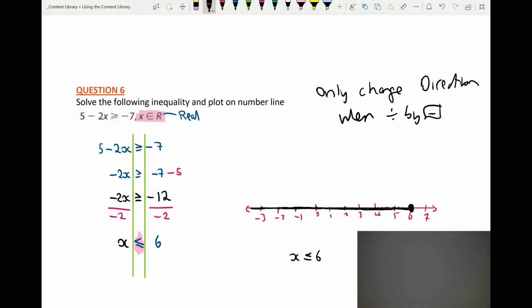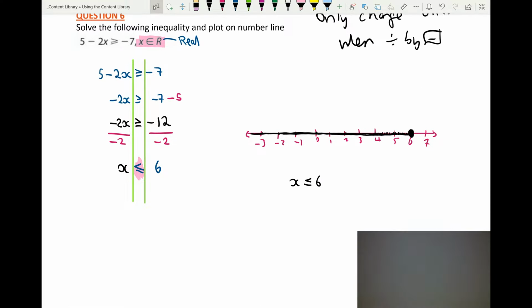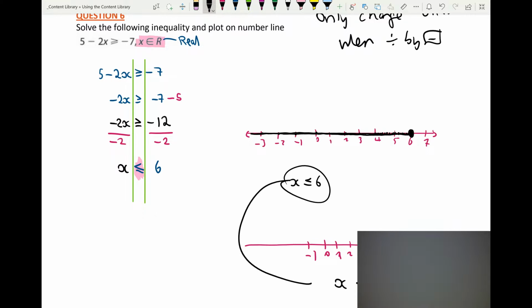I'll just mention one other thing on it. I'll scroll down a little bit here. If I'm looking at one other scenario, this is very rough, but just a quick sketch: 1, 2, 3, 4, 5, 6, 7. Imagine it asked you to sketch x less than 6. We would do the same thing. We would bring our solid line up to the 6, but it doesn't include 6, but it does include 5.9, 5.99, 5.999.